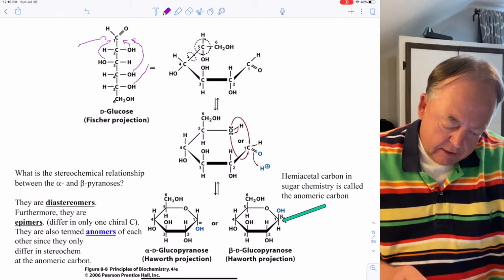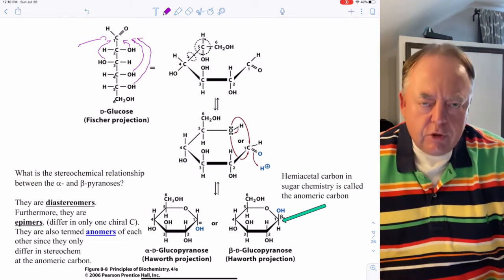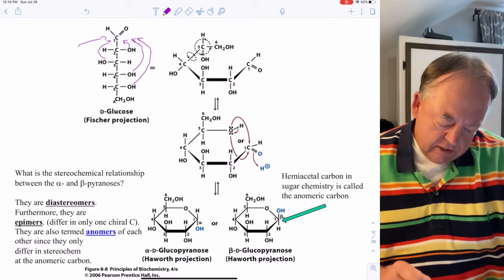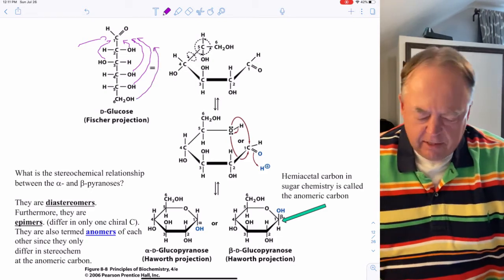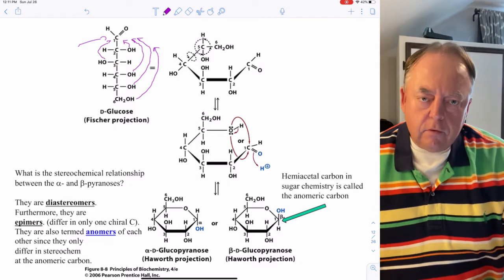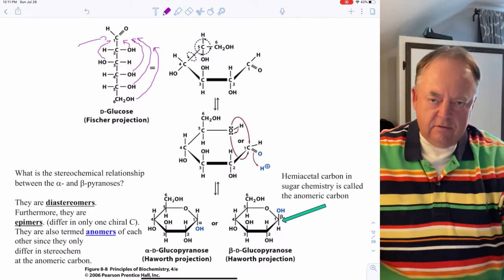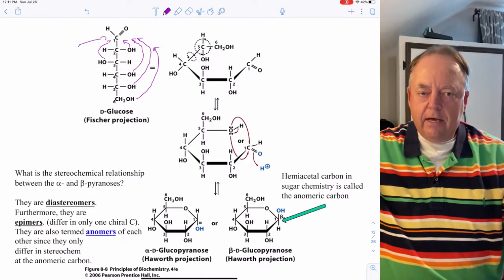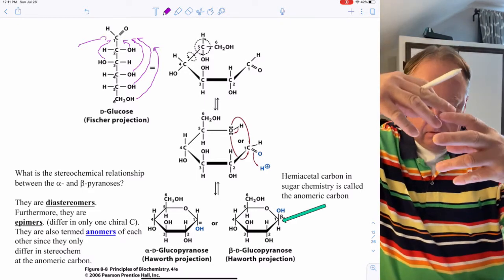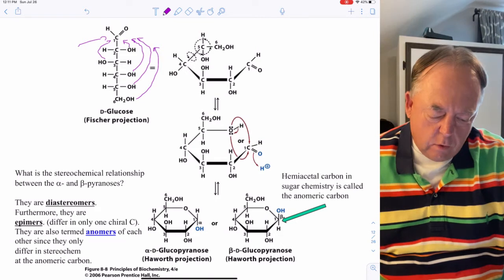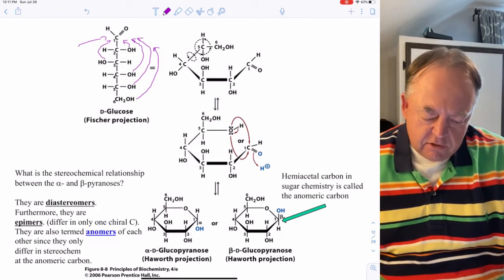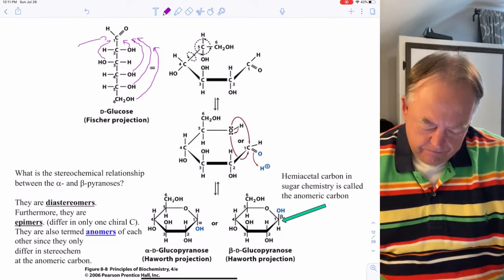Or if this one reacted there, that would make a 6-membered ring, and that's predominantly what happens. Or conceivably, you can make a 7-membered ring, but making 7-membered rings is less favorable, because then entropy becomes a factor. That OH is so far away, the chances of it finding the C double bond O diminish. But making 5 and 6 membered rings is very prevalent.